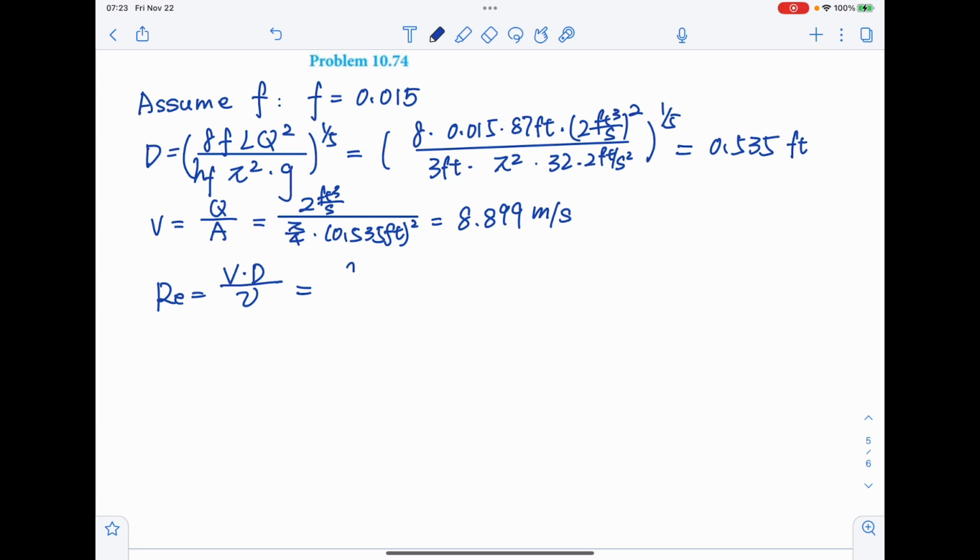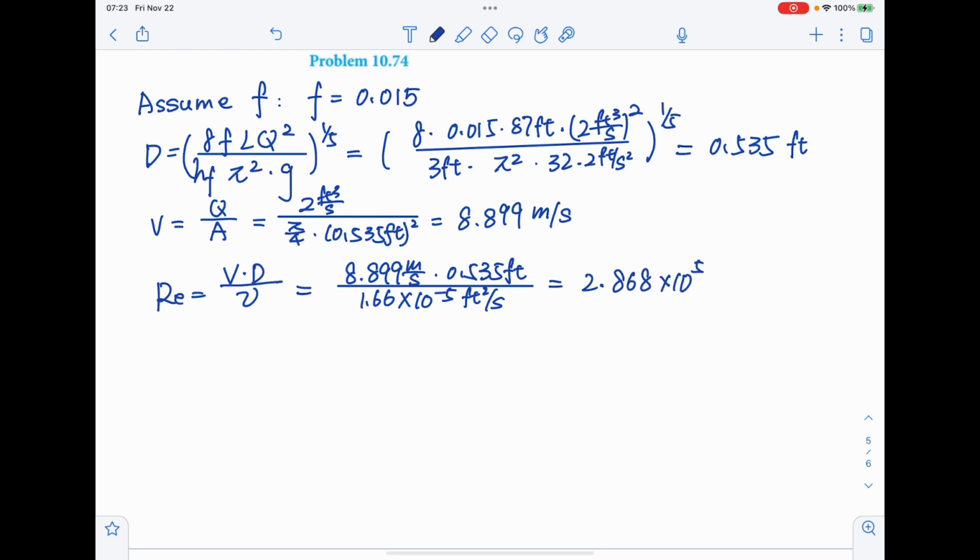And we have the velocity. We have the diameter. Viscosity is 1.66 times 10 to the negative 5. And our Reynolds number is about 2.868 times 10 to the power of 5.